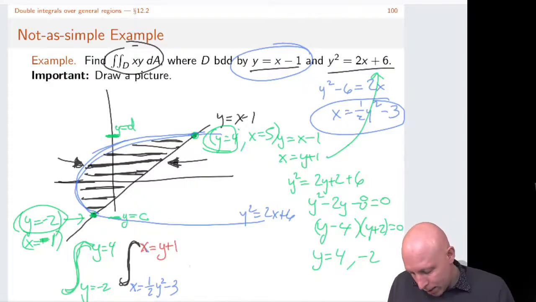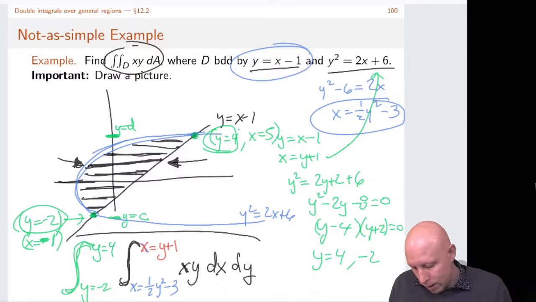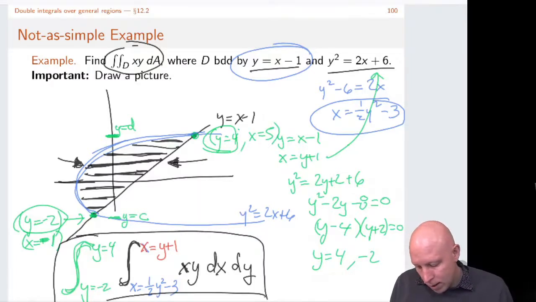And then we're going to integrate whatever our integral was, xy dA. Because we're integrating xy, we're integrating first with respect to x and then with respect to y. So here we've now set up our integral.